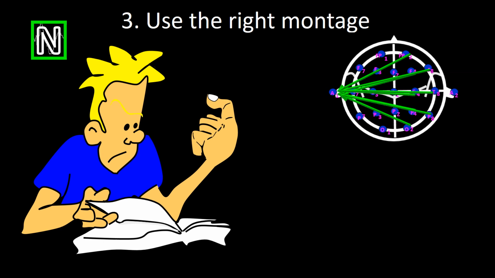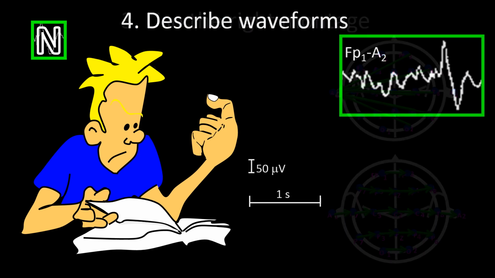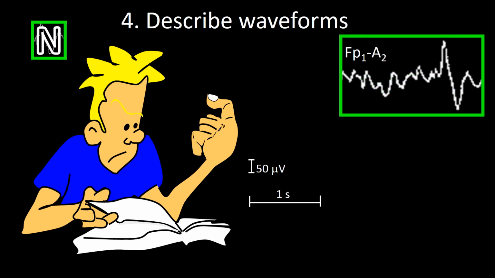Huge N waves are best seen using contralateral ear reference, but they may also be appreciated using transverse montage. A huge N wave is a complex discharge.